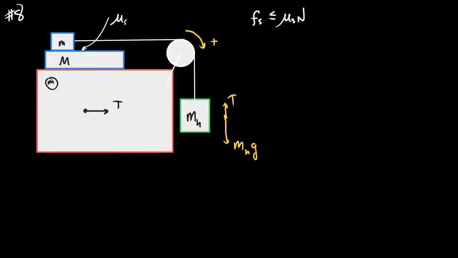It's experiencing a frictional force in this direction, and it has to be the static frictional force. It's experiencing a normal force in this direction. And it's experiencing weight downwards. I think the tension's got to be greater than the frictional static force. Any questions about this?